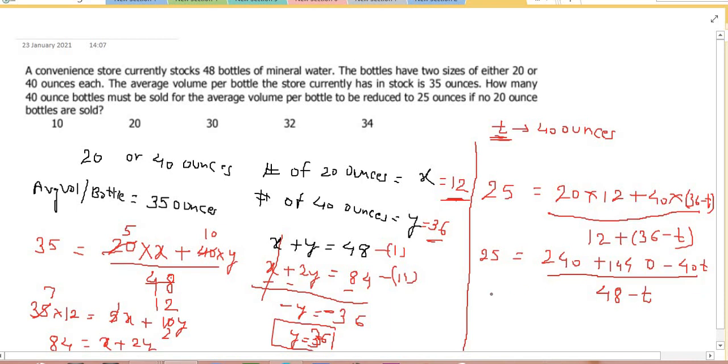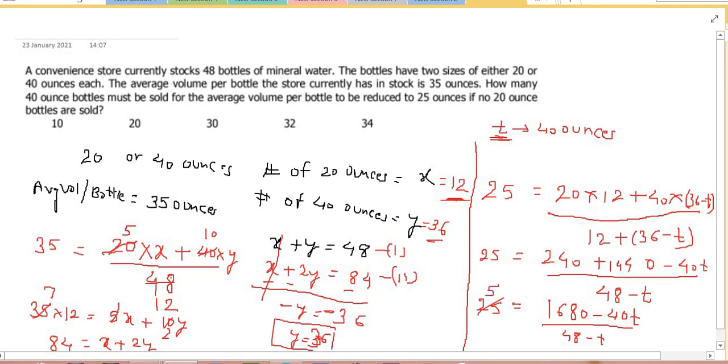Okay, so now 25 is equal to, what will you get in the numerator? Numerator is going to be 1680 minus 40t, and denominator is going to be 48 minus t. Now if you look at the numerator, we can actually take the factor 5 out.